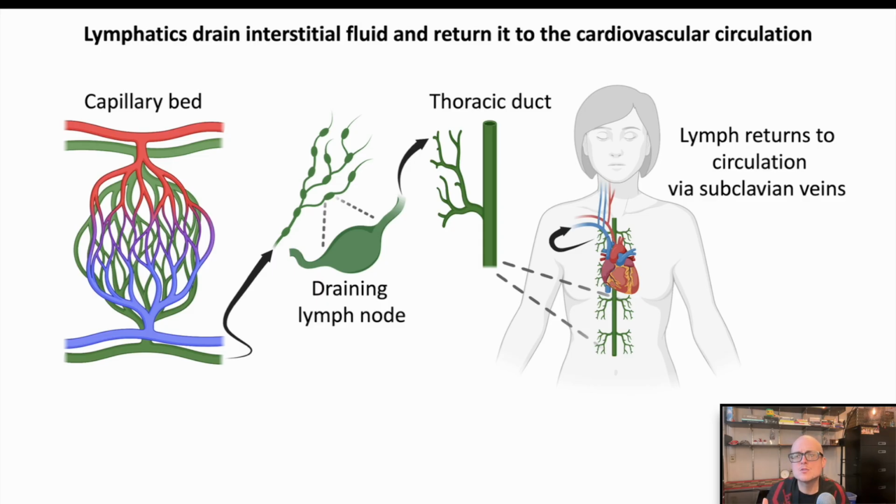So there needs to be another way to drain interstitial fluid out of the tissues and return it to the cardiovascular system. The alternative system that accomplishes that is the lymphatic system, which is shown here in green. So you can notice that in addition to the cardiovascular capillary network within a tissue, there is a mirror image vascular network of small lymphatic vessels that are nearby.